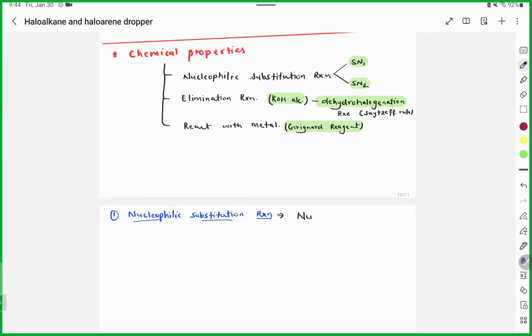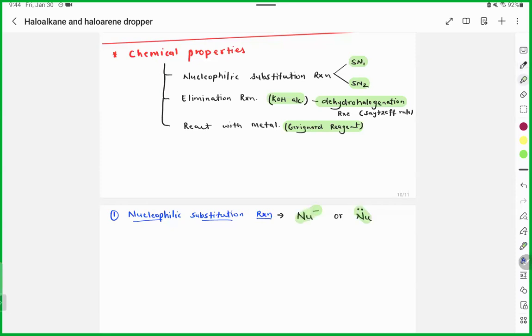Nucleophile means nucleus loving. If it is attracting the nucleus or positive charge, itself it has either a negative charge or a lone pair of electrons. It can be this or it can be this also, where you will not see the negative charge but you will see a lone pair of electrons.